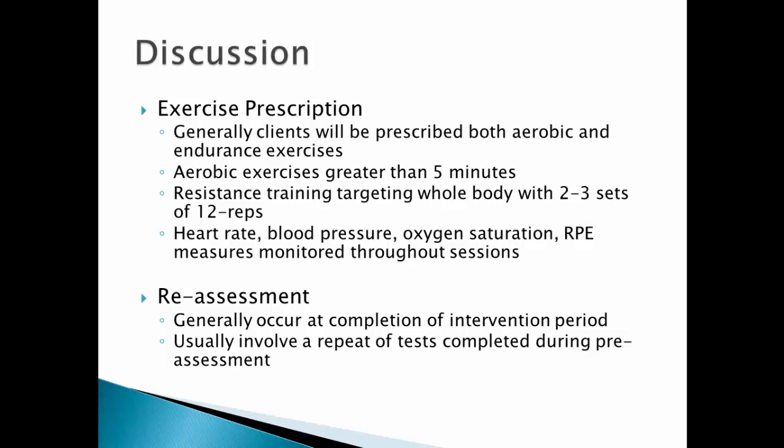Heart rate, blood pressure, oxygen saturation, and RPE should be measured throughout the session, either periodically or before and after, while reassessment will generally occur at the completion of the intervention period, which will usually be anywhere between 6 and 12 weeks, and once again is usually a repeat of tests completed during the pre-assessment.